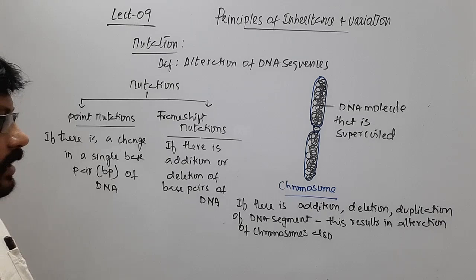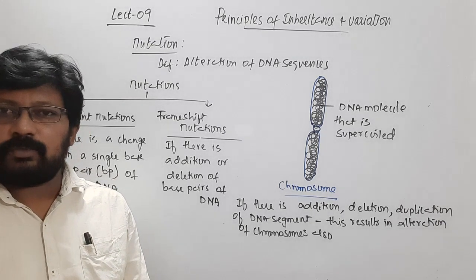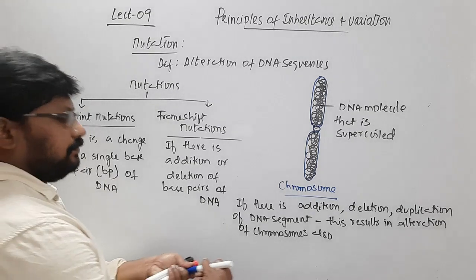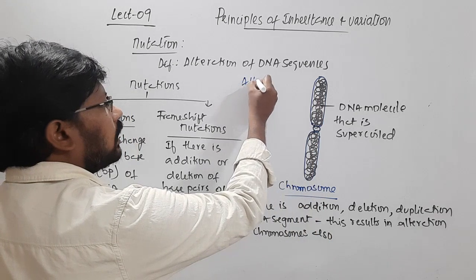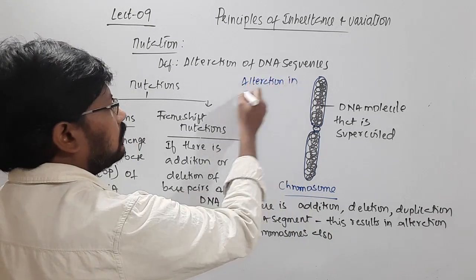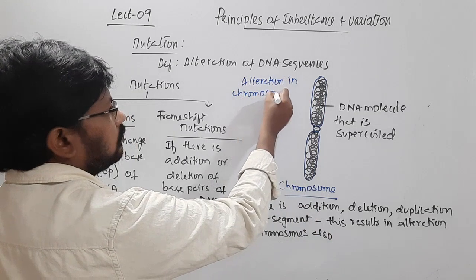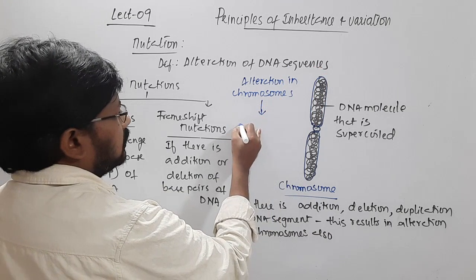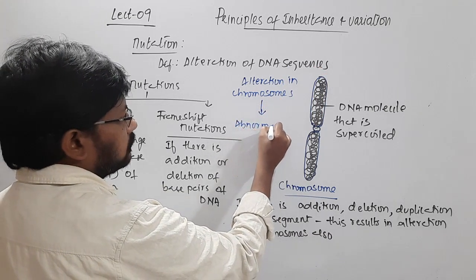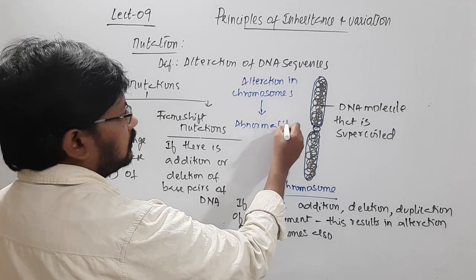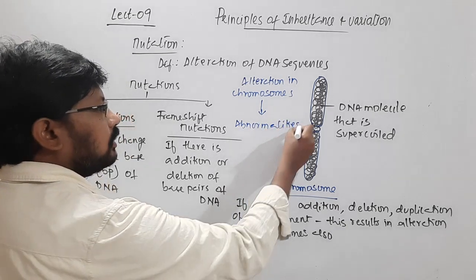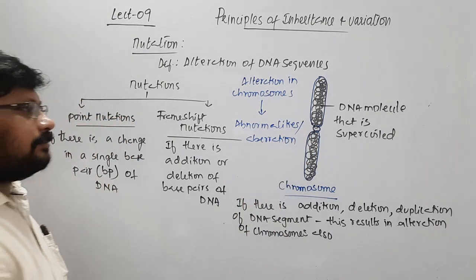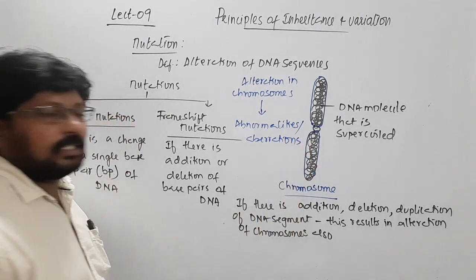And we know that the genes are present on chromosomes. Alteration in chromosomes results in abnormalities or aberrations in the individual.